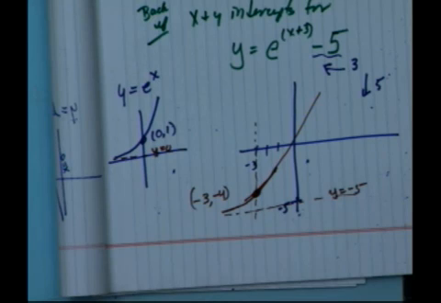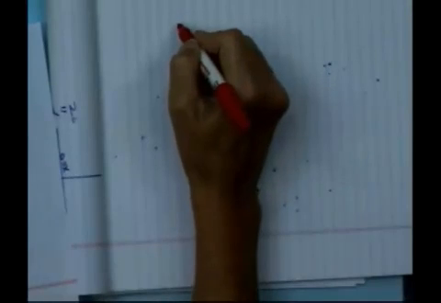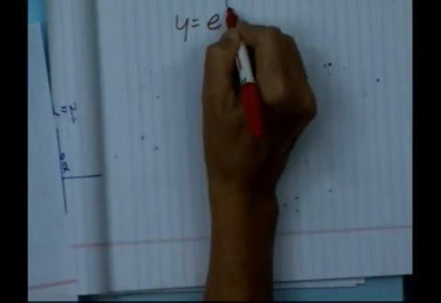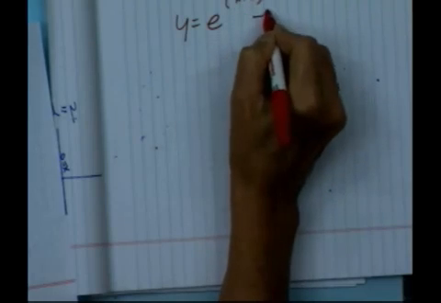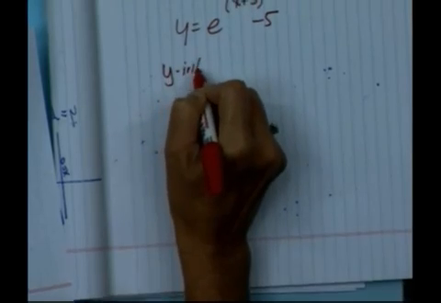So now we've learned how to solve exponential and log equations. Now we can find out approximately what those x and y intercepts are. Okay? All right, so let me solve this. Okay, y equals e to the x plus 3 minus 5. Let's solve for the y-intercept.